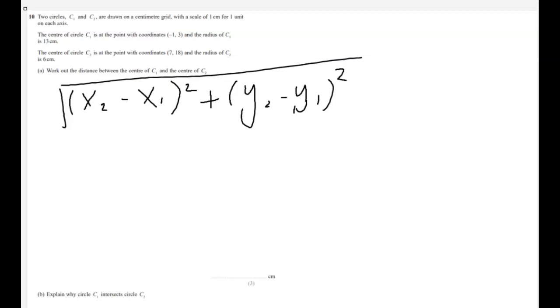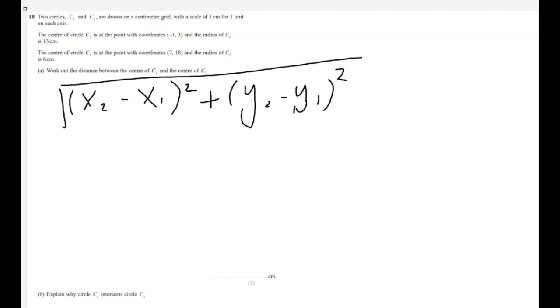So we have two coordinates which represent x1, y1 and x2, y2. Let's assume that circle C1 is x1, y1, and circle C2 is x2, y2. So we can just substitute it in.